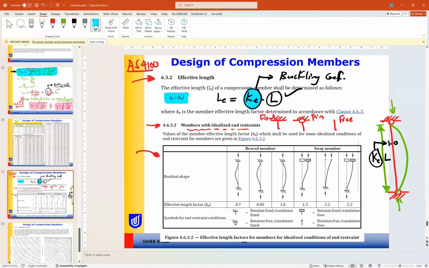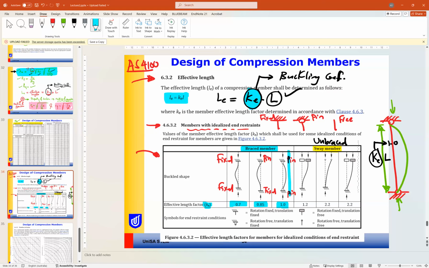We have two cases: if the member is in a braced frame or in an unbraced, sway frame. If you are in a braced frame, we have three values: 0.7, 0.85, or 1. If the member is fixed at the top and fixed at the bottom, it is 0.7; pin at the top and pin at the bottom, 1; and pin at one end and fixed at the other end, it is 0.85.